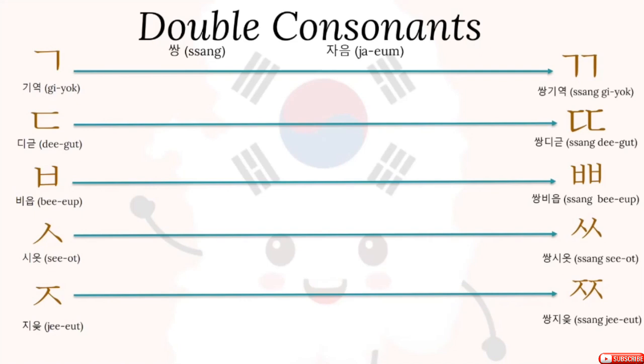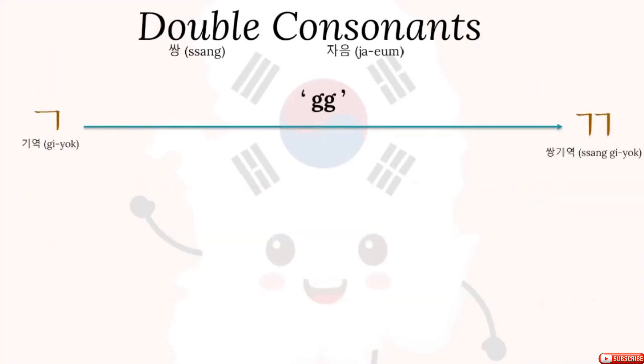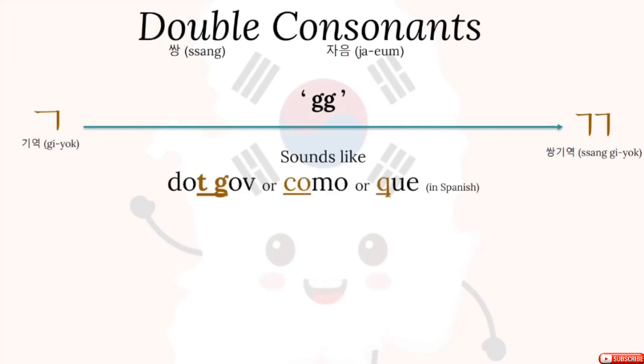Next we're going to learn how it sounds. As we all know, 기역 sounds like g, but 쌍기역 is like you're putting a little more stress into it. So it's g, g. It sounds like .gov.